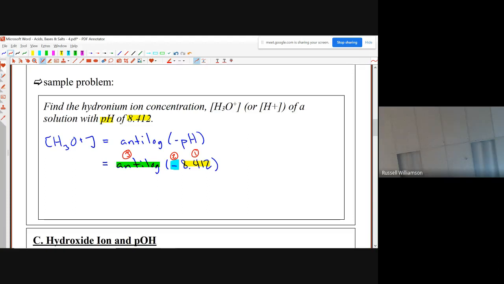Especially those of you at home, you'll go second function log, then you want to select the minus key and then 8.412 and then equals or enter. And if you've done this correctly, you will end up with, I'm going to round that to 2 decimals, 3.87 times 10 to the minus 9.